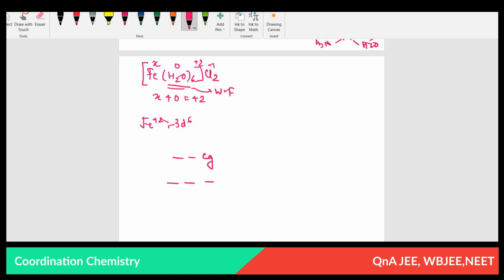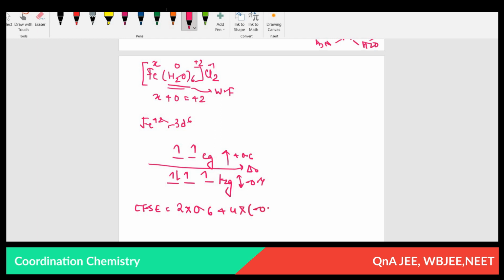So in the eg and t2g sets, we will first fill it singly and then we will pair it up because it's a weak field ligand. So this would be the barycenter. Above part would be +0.6 and below would be -0.4. So our CFSE would be 2 into 0.6 plus 0.6 plus 4 into -0.4.